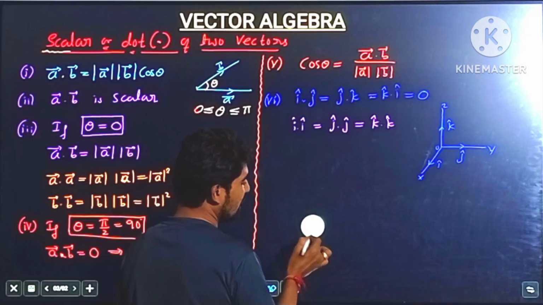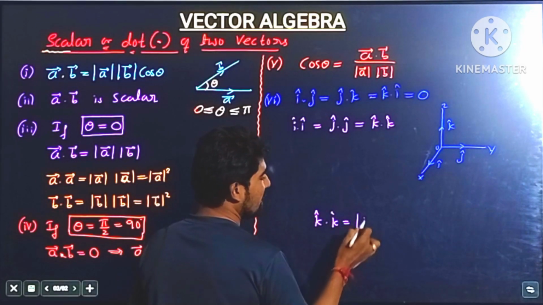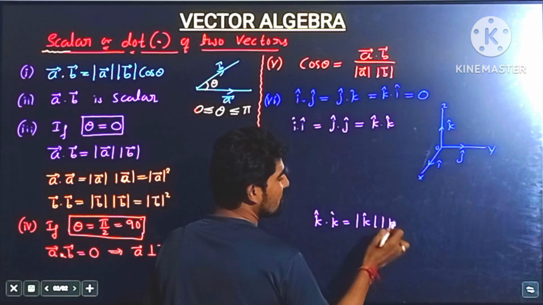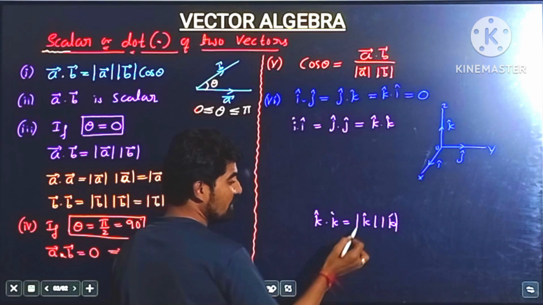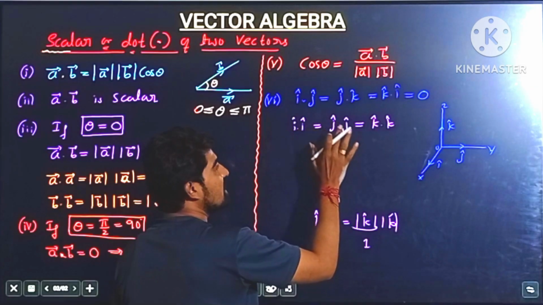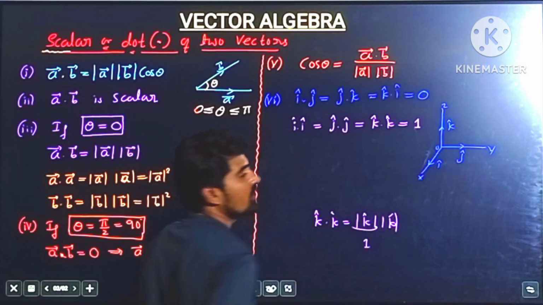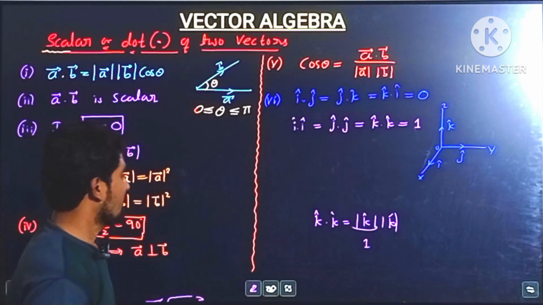Therefore, k cap dot k cap is equal to magnitude of k cap into magnitude of k cap, and we know that the magnitude of k cap is equal to 1. Therefore, the value of i dot i, j dot j and k dot k is always equal to 1. I hope all of you are understanding.